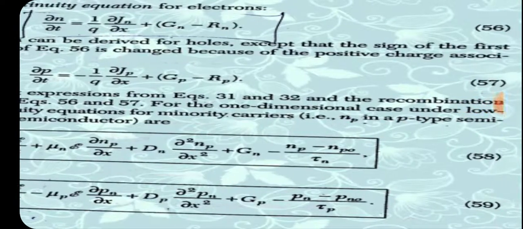And similarly, ∂pn/∂t = −pn μp ∂E/∂x − μp E ∂pn/∂x + Dp ∂²pn/∂x² + Gp − (pn − pn0)/τp, as we have shown in the equation.